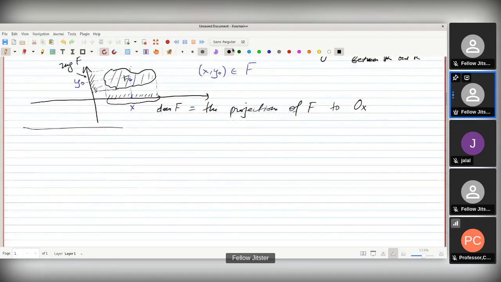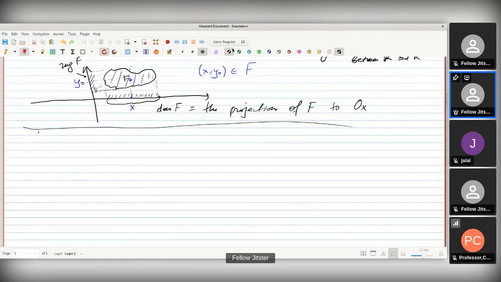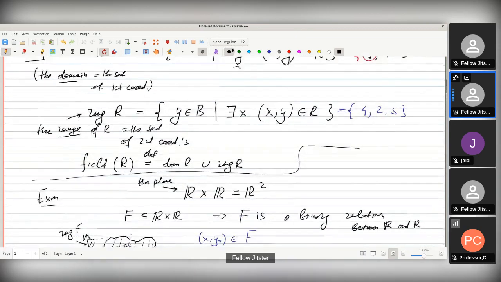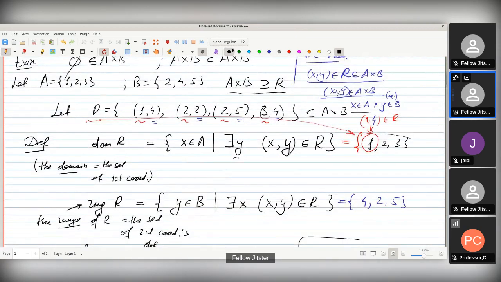Our next point is the so-called diagram of a binary relation. Relation diagrams. I'm not going to define them formally, because formally these diagrams are almost the same as the relations themselves.